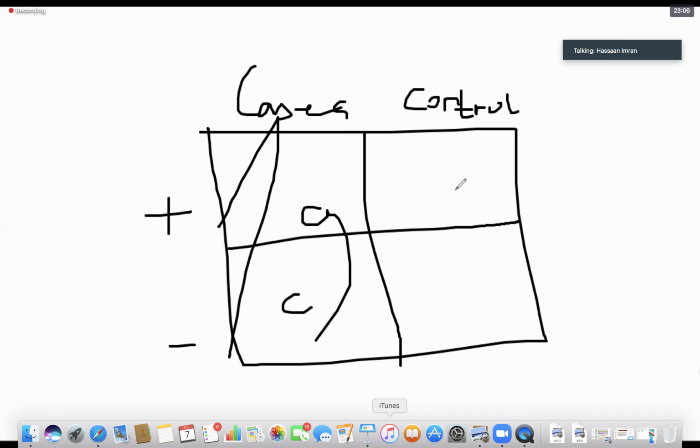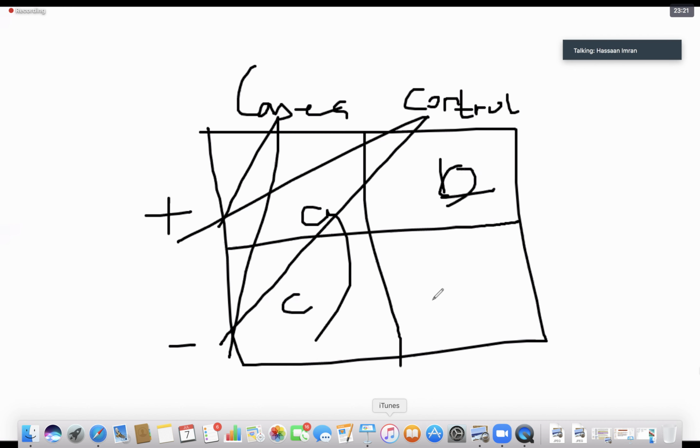So in controls, this is C, whether a control might be exposed or a control might not be exposed. This is your D, right?